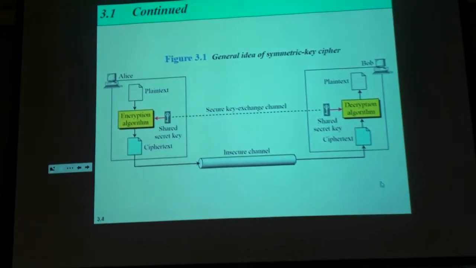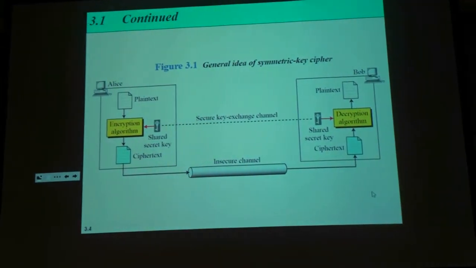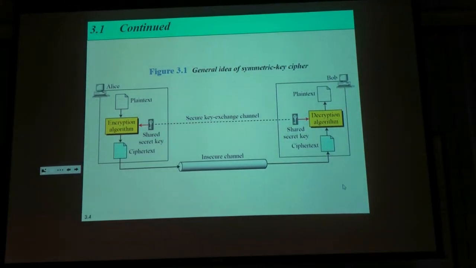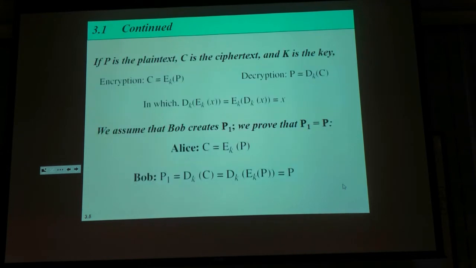So that's exactly the symmetric key cipher. Why do you call it symmetric key? Because there's only one key shared, and this key has to be private. P is for the plain text, C is for the ciphertext, and K for the key. What is encryption?